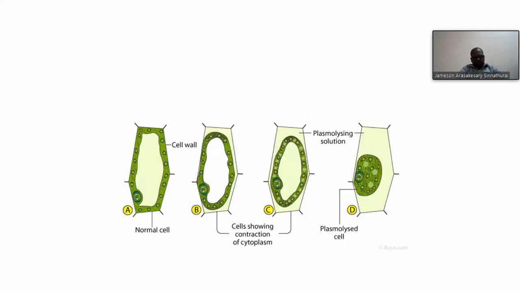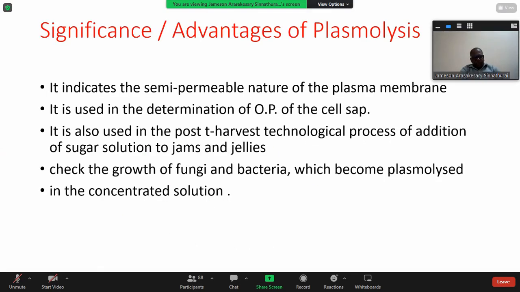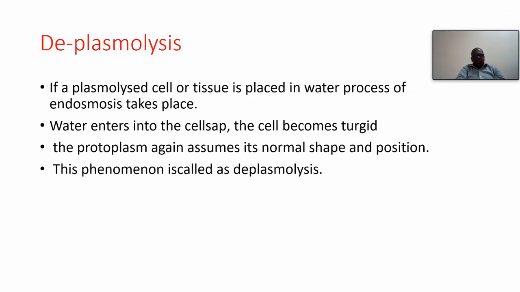So finally, we have seen the example of tamarind for the plasmolysed cell, how the pulp comes away from the shell when the water dries. The same example we have seen for the plasmolysed cell also. Then what is the advantage of plasmolysis? This technology is used for jam and jelly.